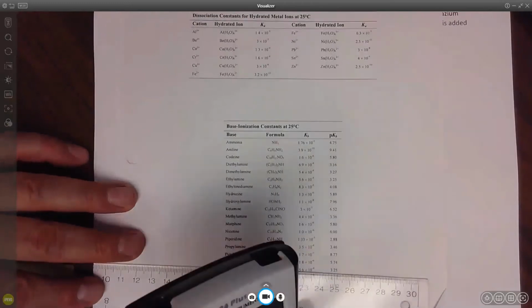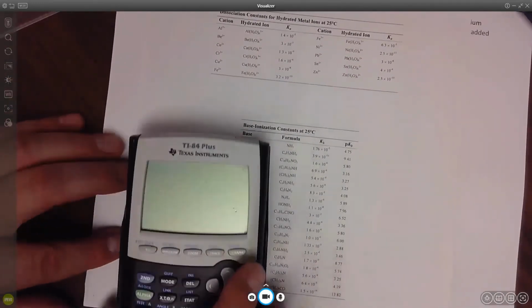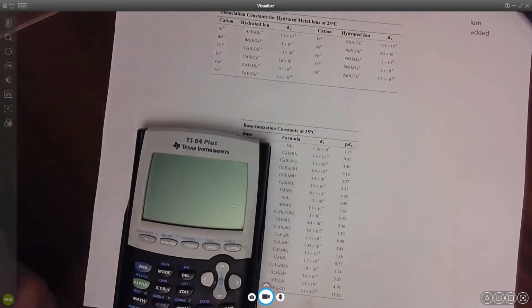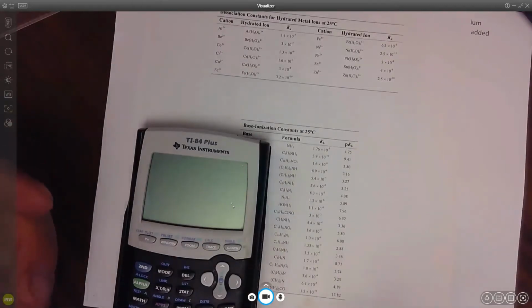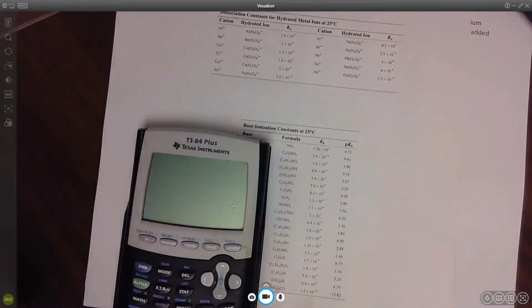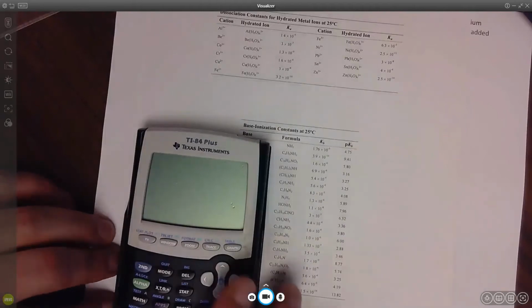So if that's the pKb, what we didn't talk about is that if you have a pKb, the pKa plus the pKb are related to one another. So for example, let me just show you real quick.